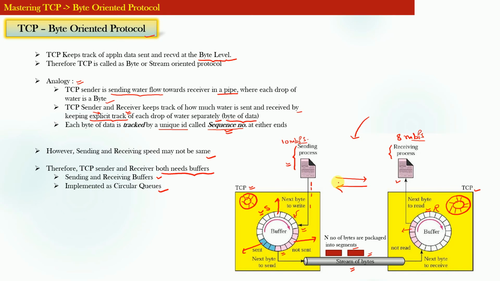So this is one area where you will see that TCP protocol uses circular queues in order to implement its sending and receive buffers. Also note that the TCP on the sending side and receiving side is managing the data at the byte level using circular buffers. Therefore TCP is called a byte-oriented protocol.